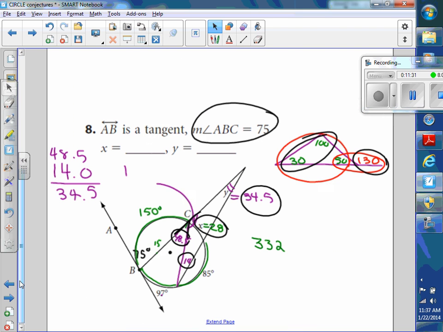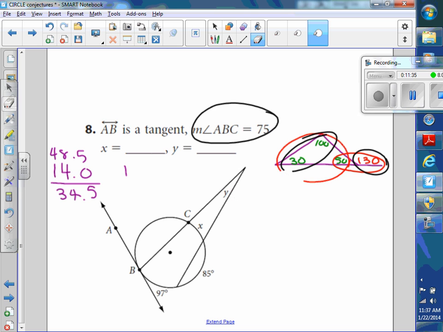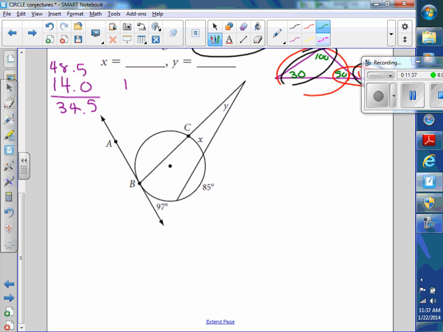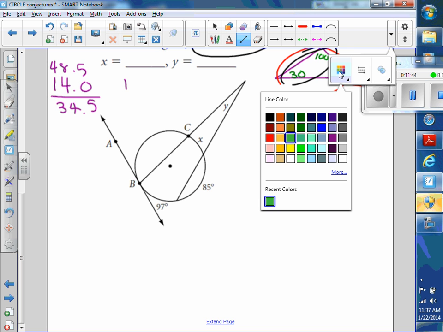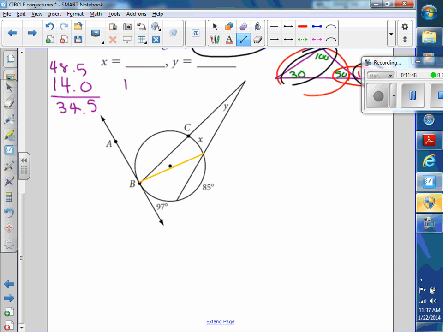So, if you went from here to here, Abby, or to here. Well, I drew B as a radius.